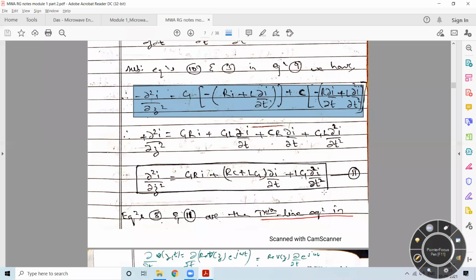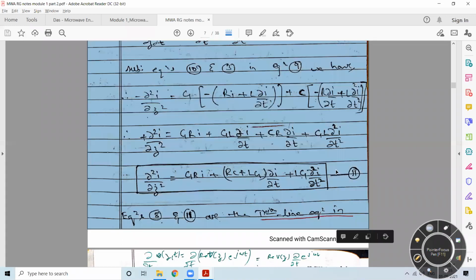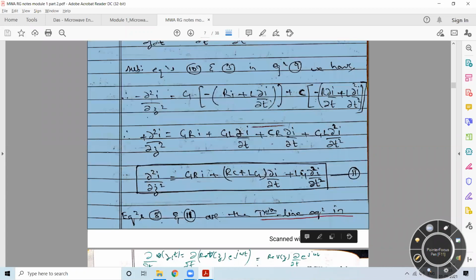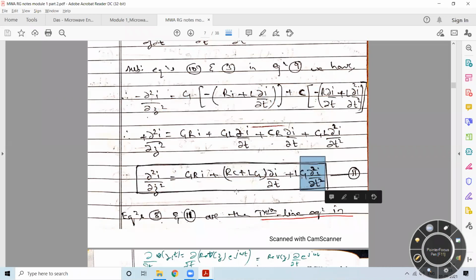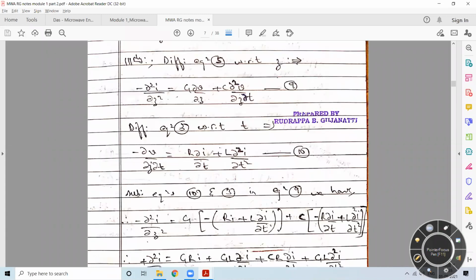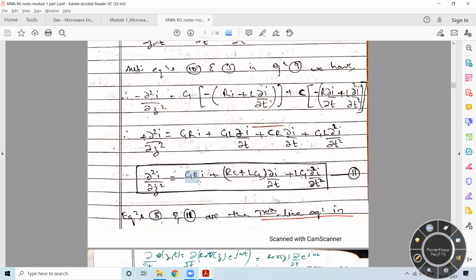So if you look at the equations, they are almost symmetric with just slight changes. It is L into G dou I by dou T, this parameter is altered, and here this parameter is altered. So here I have RGV. In this case, I have RG into the instantaneous current.